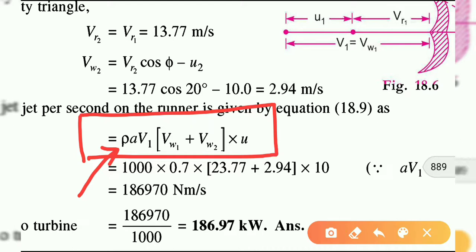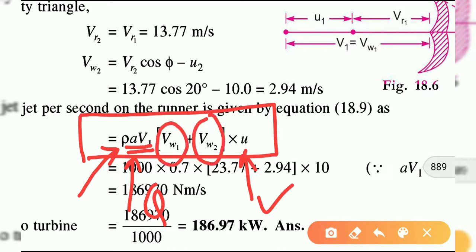A into V1 is equal to area into velocity, it is equal to discharge, so its value is capital Q, which is also known. U is the mean bucket speed, so its value is also known. So we only need to find out the values of VW1 and VW2.